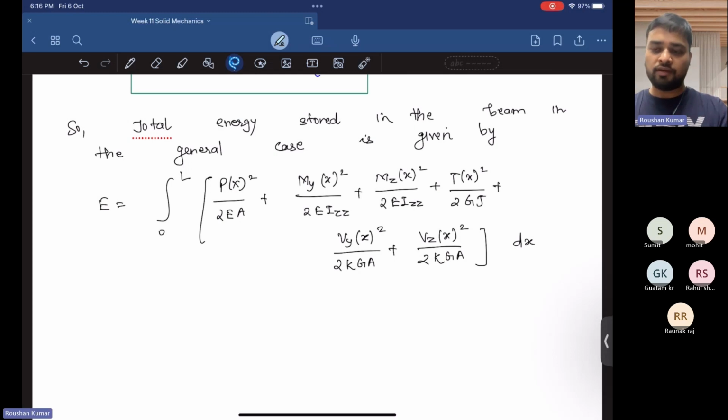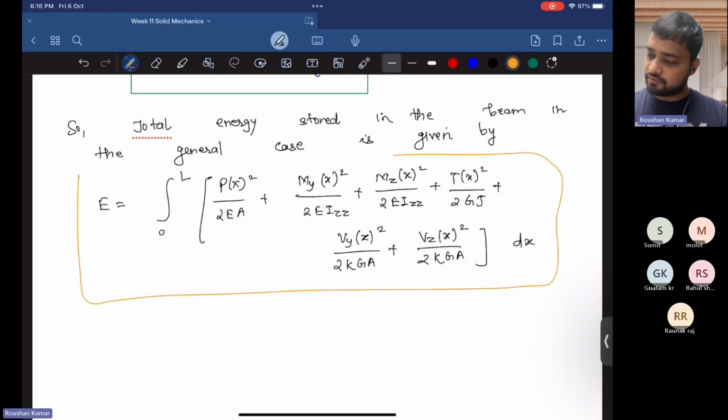You can use any method to find the deflection and slope of the beam, but today I am going to use only the energy method to solve any kind of problem. This is the final equation that we have.